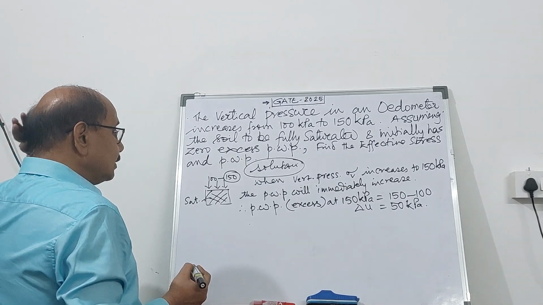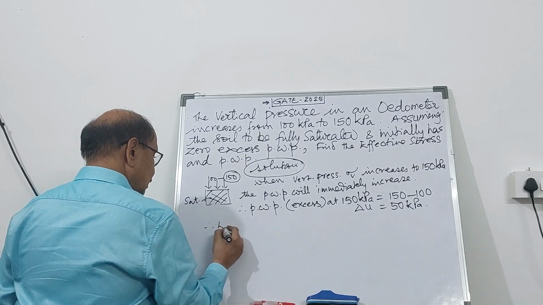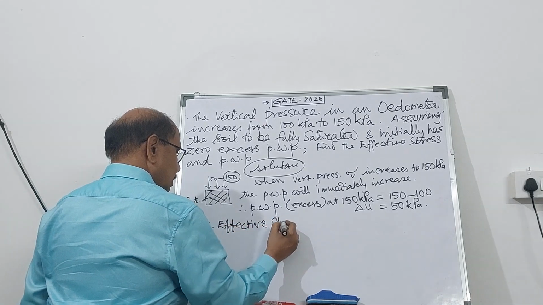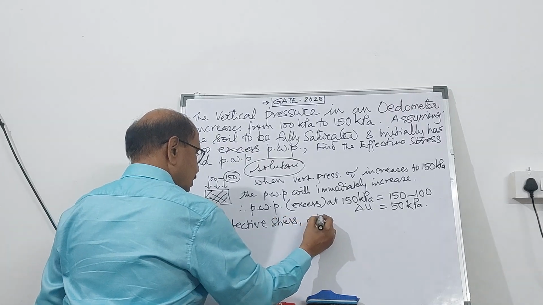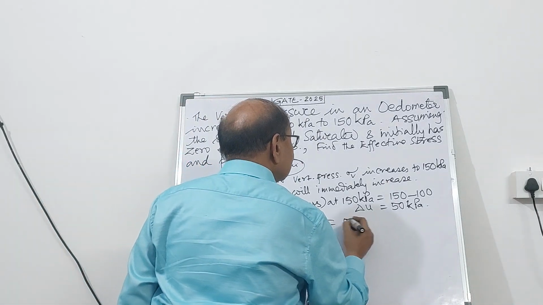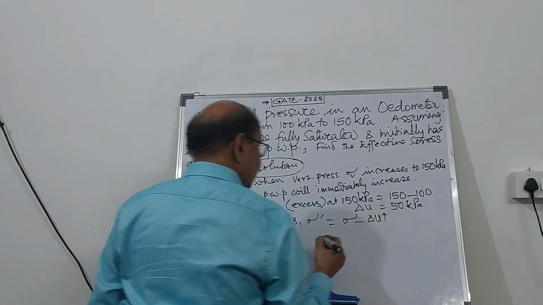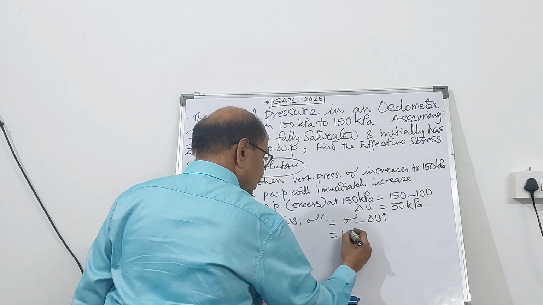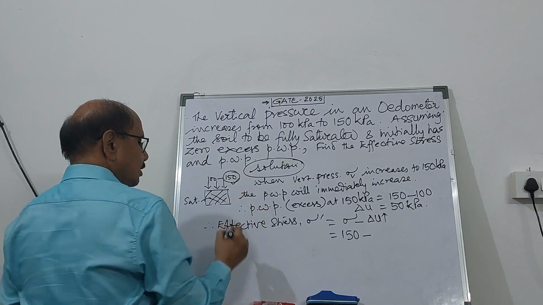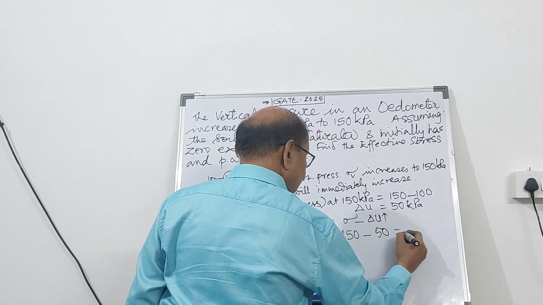And the effective stress, therefore, is going to be total stress minus excess pore water pressure. So total stress is going to be 150. This is the total stress, minus the excess pore water pressure, which is 50.